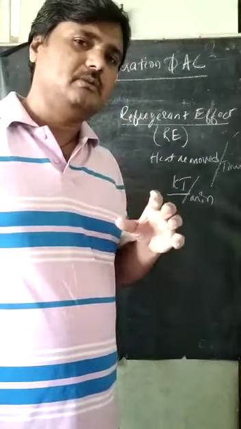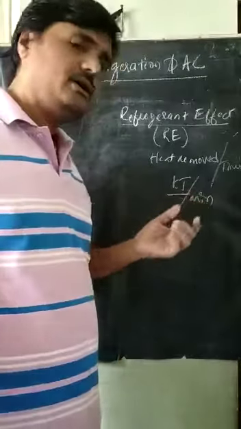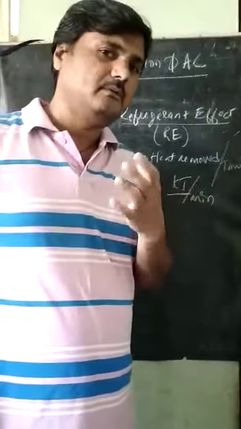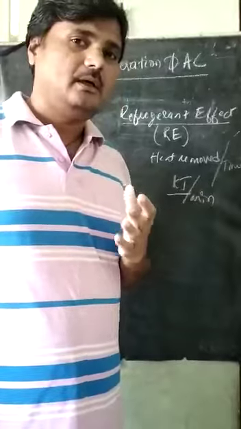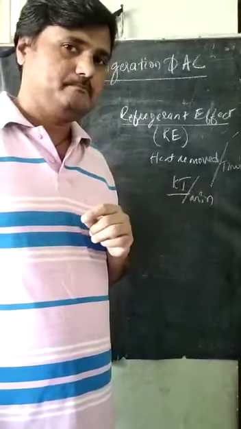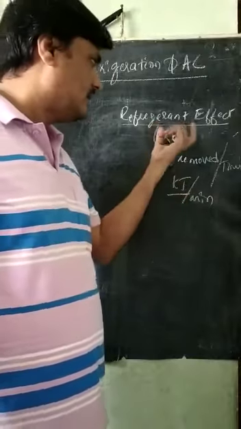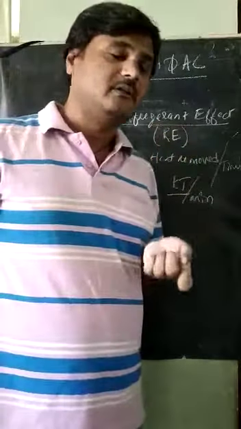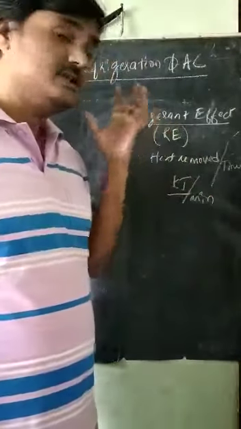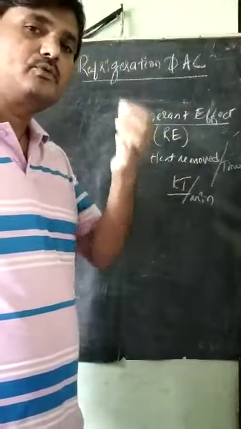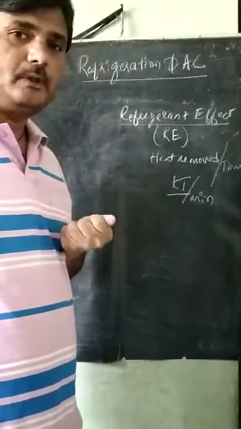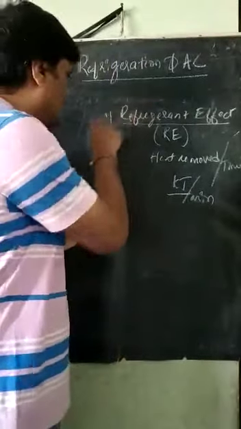How much will be removed per minute? Because continuously we have to remove the heat to maintain the lower temperature. Therefore this is called the refrigerant effect, or refrigeration effect.